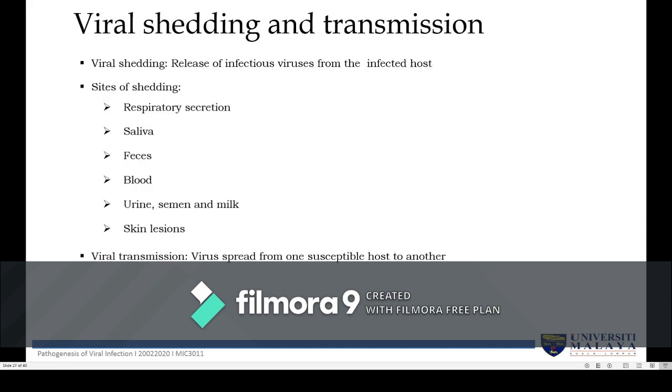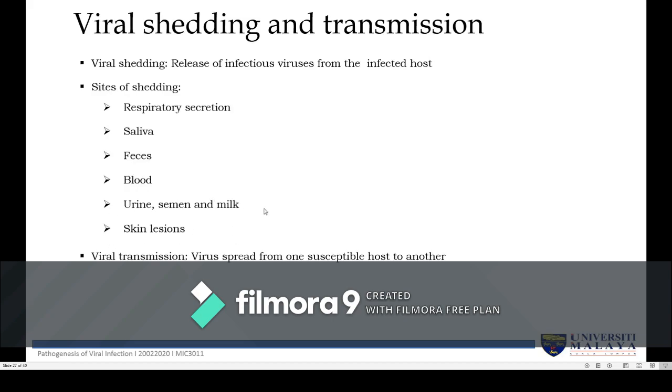Alright, so virus shedding and transmission. Virus shedding is the release of infectious virus from the infected host. There are a few sites of shedding, which are the respiratory secretions, so this is where the virus can go out: coughing, sneezing, and then saliva, feces, blood, urine, semen, milk, and skin lesions.